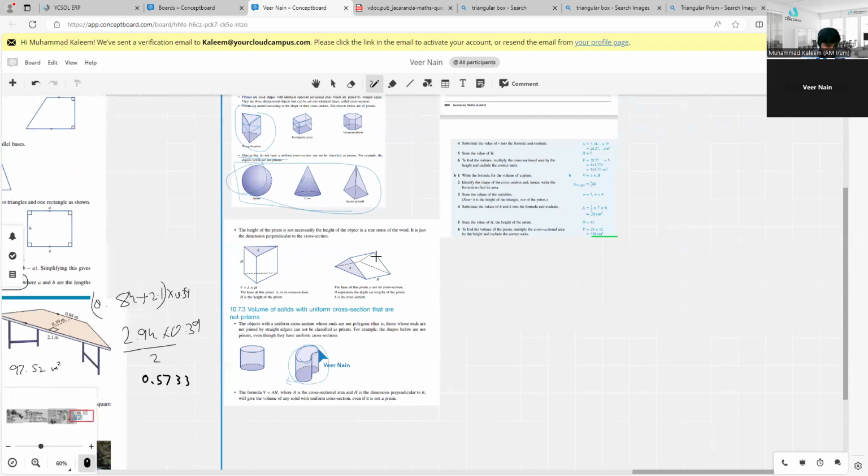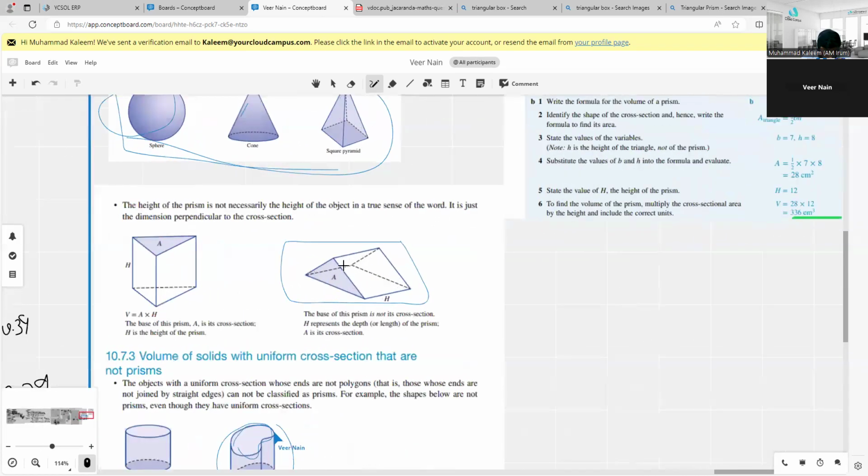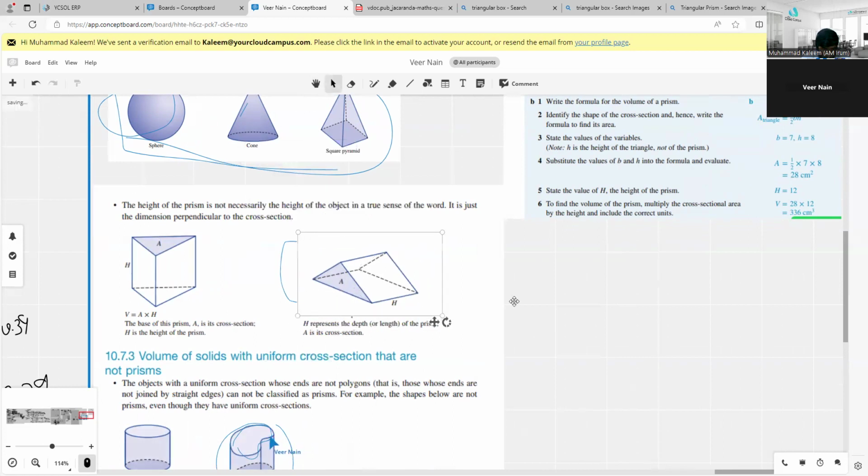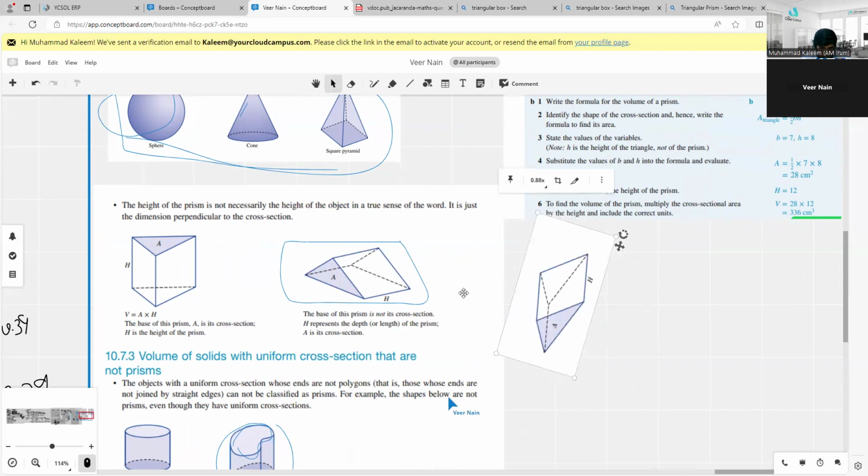This one is also a prism, but even in this case we don't have the same shape. But if you rotate this one, let me show you how. Just wait a minute. Let me crop this one. Basically, if we rotate it like this, this one is a base.